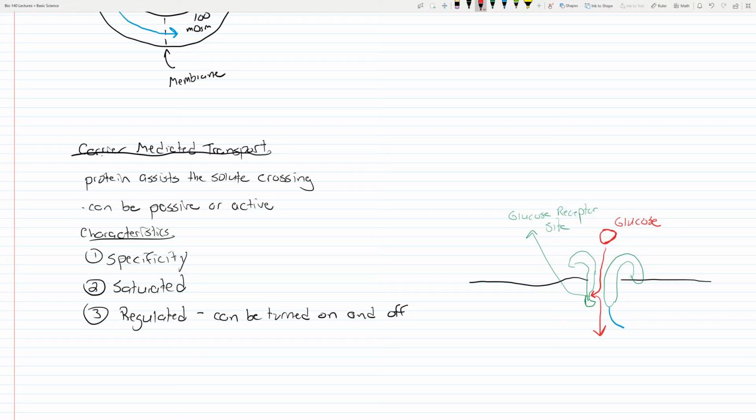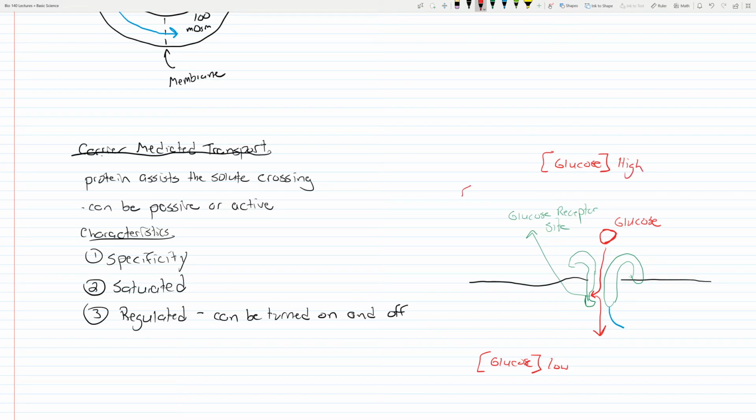Most of the time it's going to follow the concentration gradient. Let's assume the glucose concentration inside of the cell is low and the glucose concentration outside is high.